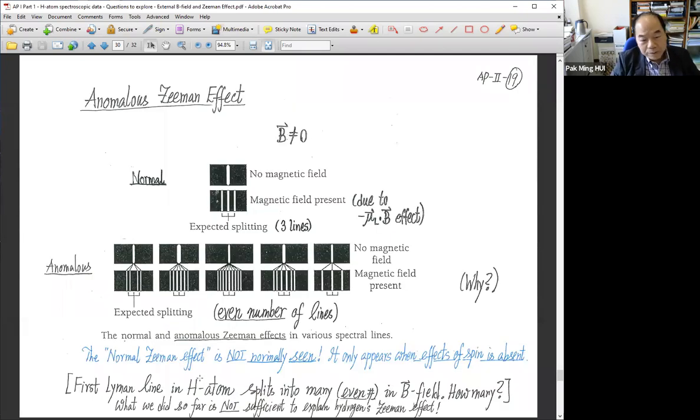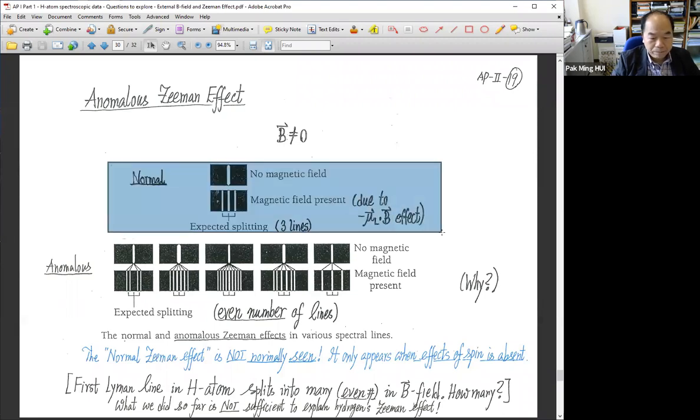So let me show you the phenomena. So far, we discussed the normal Zeeman effect. Well, I must tell you that the normal Zeeman effect is not something normally observed.